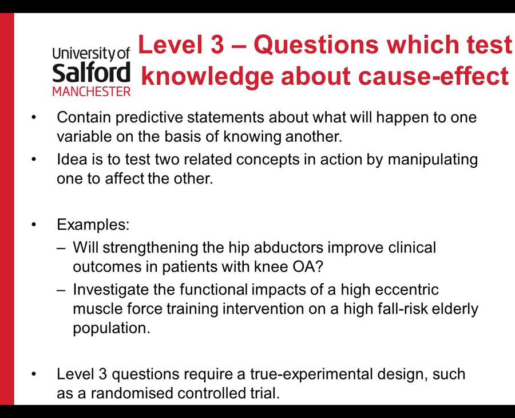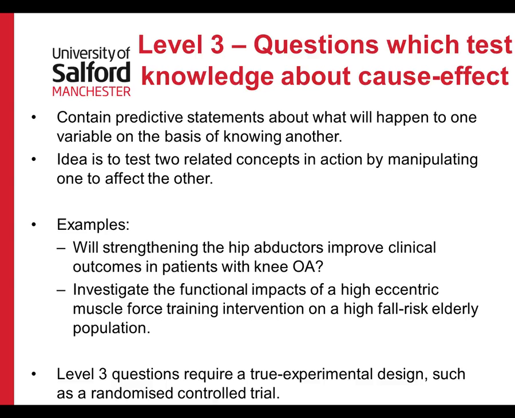So level 3 questions contain predictive statements about what will happen to one variable on the basis of knowing something about another. And they always involve some sort of manipulation by the experimenter. The experimenter will manipulate one of the variables whilst measuring the effect on another variable.